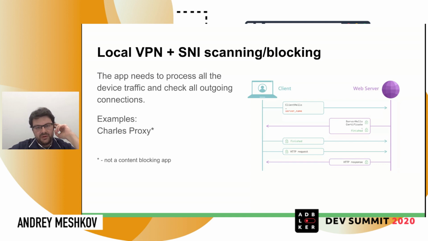From this field, the app can learn the domain name of the remote server, and then it can make a decision whether this connection should be allowed or not. As an example here, I'm using the Charles Proxy app, which is not a content blocking app, but it demonstrates how it's done and what information will be available to the filtering app whether you decide to use this method.